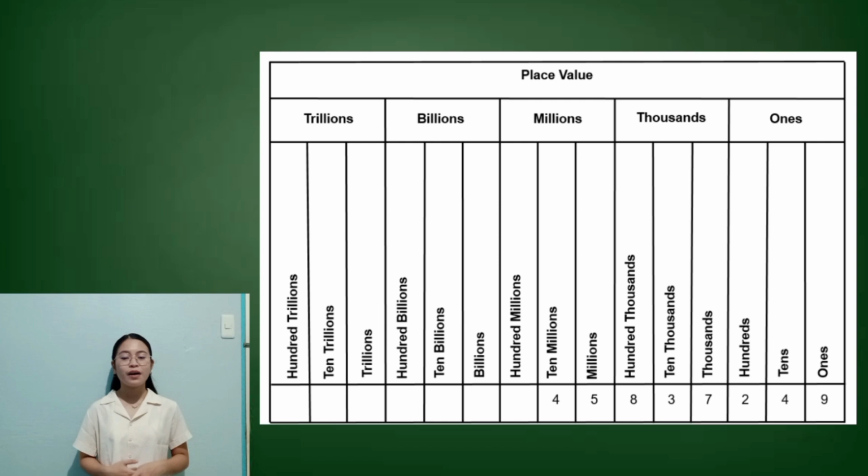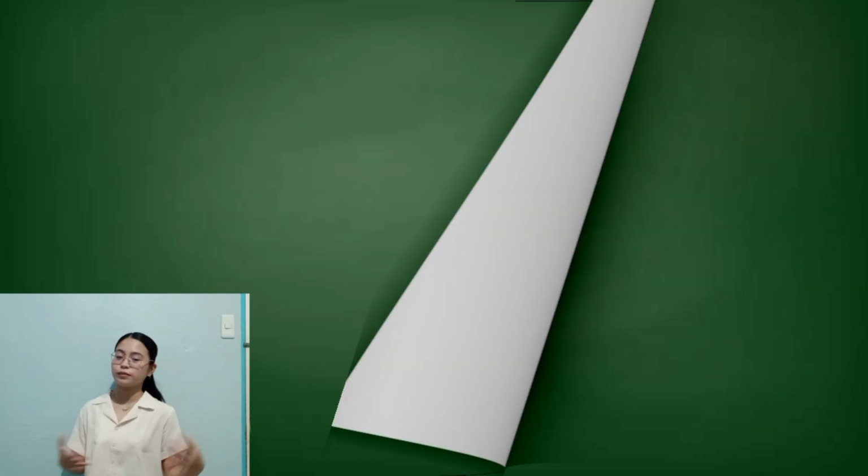Next, we have the tens place, hundreds place, thousands, 10,000s, 100,000s, millions, 10 millions, 100 millions, billions, 10 billions, 100 billions, trillions, 10 trillions, 100 trillions, and so on.